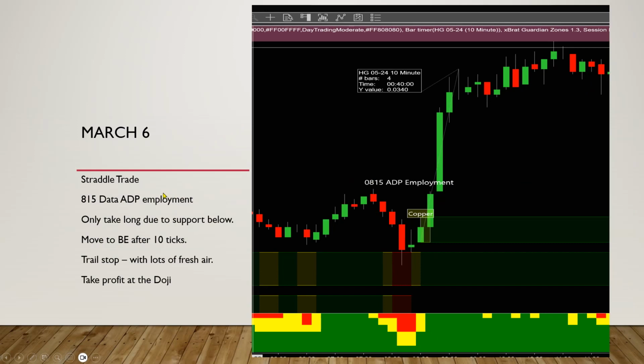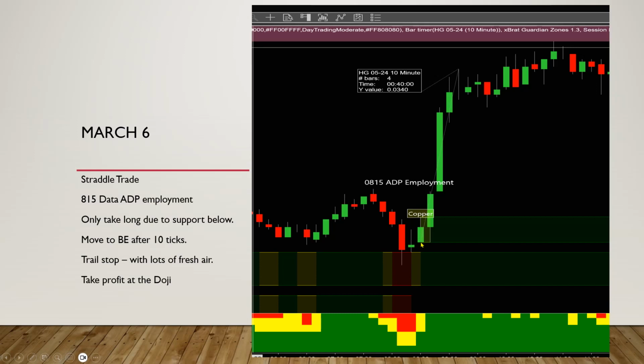March 6th, straddle trade now. When we look at the straddle trades, we look for a neutral bias on that range breakout, and that's what it is at this point here. 8:15 data, ADP employment. We can see up here it moves down, it bounces off the previous day's opening range, then we get the copper opening range here.